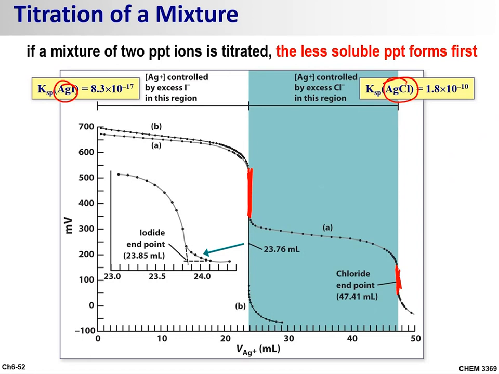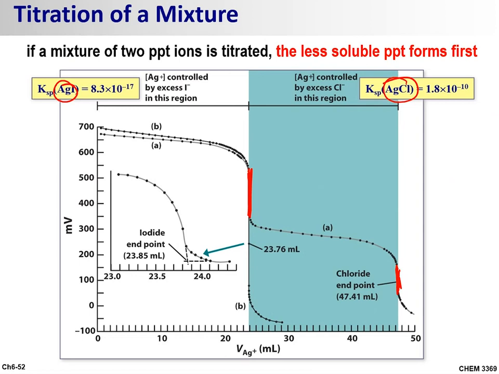And if you recall, the precipitate is formed when the Q, the reaction quotient, exceeds the KSP, the equilibrium constant. So that will first happen for the silver iodide because its KSP is much smaller than that of silver chloride.